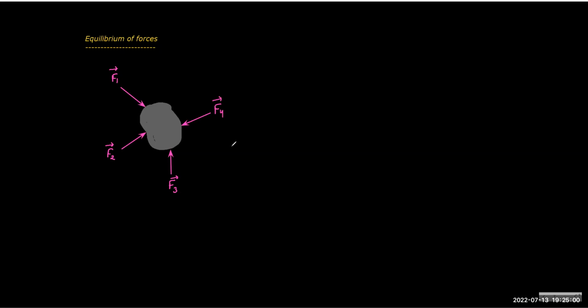So what do we mean by equilibrium? Equilibrium refers, in physics, to the state of a body that is not changing. Generally, when I say the word equilibrium, many of you may think of something at rest. But physics never says anything about rest or motion.